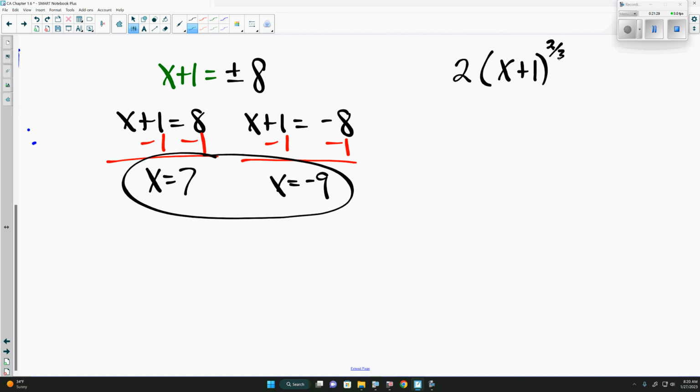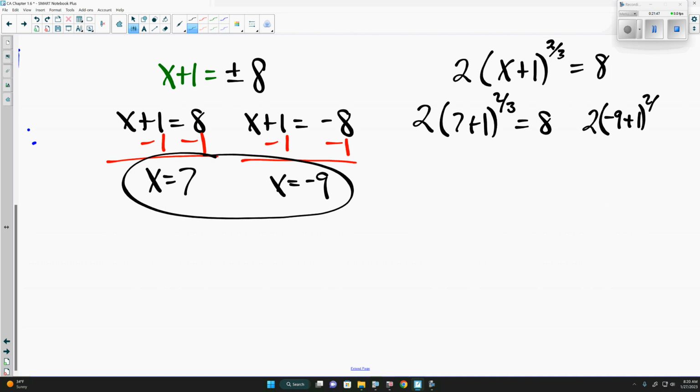2/3 is equal to 8. And again, we can check the numbers to make sure that they work. So we can say 2 times (7 plus 1) to the 2/3 is equal to 8, and 2 times (negative 9 plus 1) to the 2/3 is equal to 8.